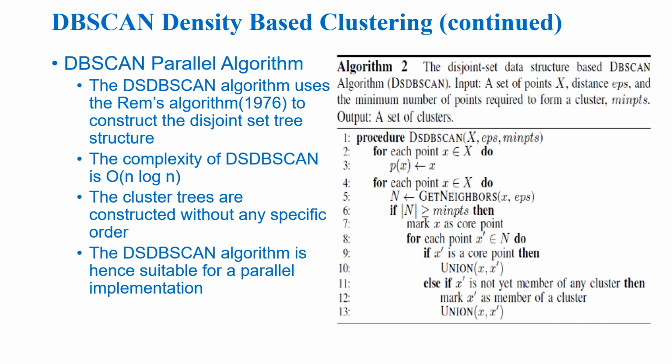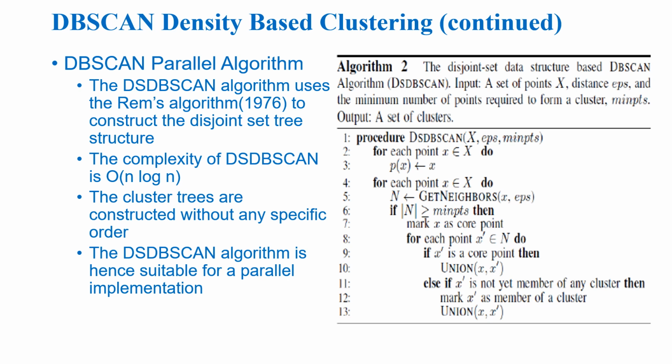And here's some pseudocode on the right, parallel clustering, DSDBSCAN. This one uses the Rem's algorithm, 1976, to construct the disjoint set tree structure, and it defines the complexity.